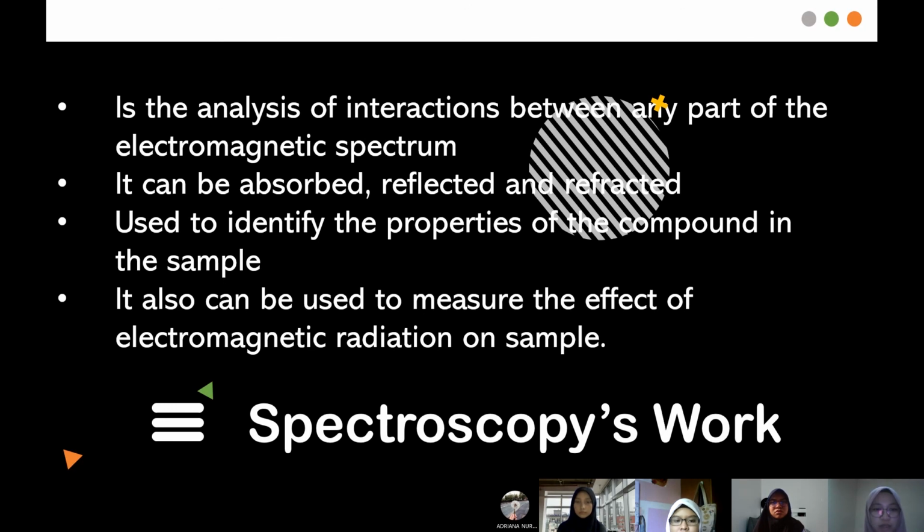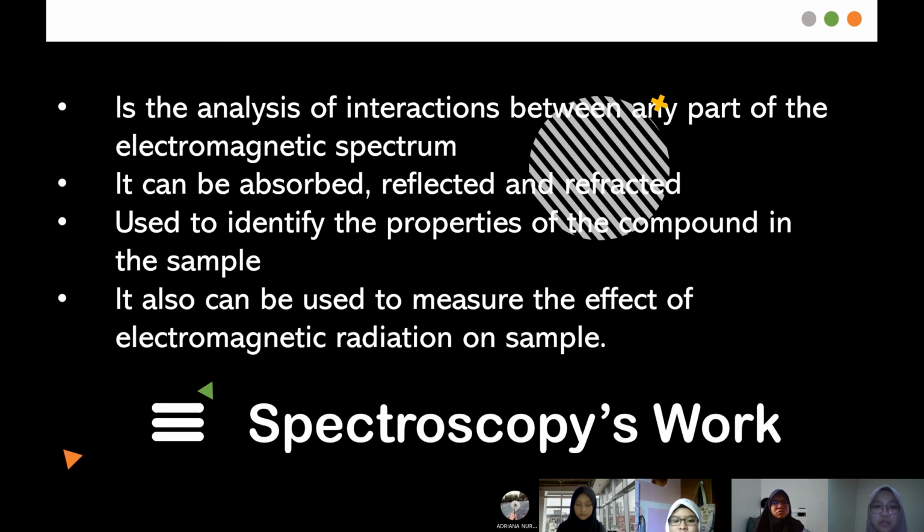When the radiation is emitted and absorbed, it allows us to obtain information about the material because the interaction depends on the wavelength of the radiation. Next, it is used to develop chemical processes.